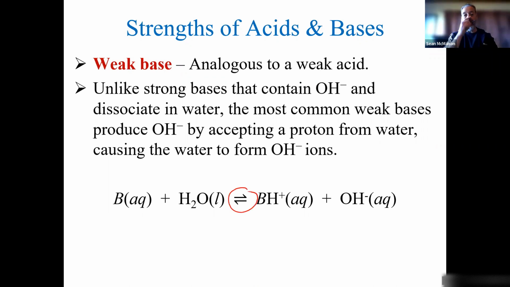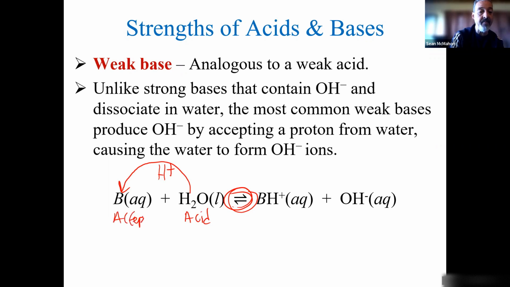And typically, the Bronsted-Lowry bases, which were the proton acceptors that we talked about, are dissolved in water, and water only sometimes will donate a proton and behave as an acid. And because this accepts the proton, it is my base, the Bronsted-Lowry base.